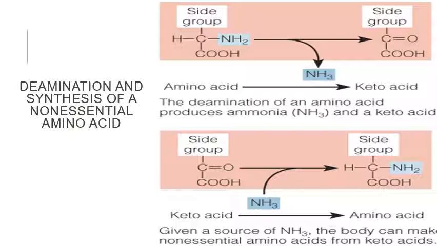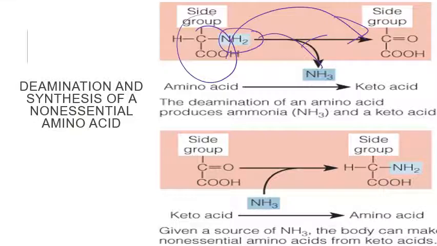So what happens is, when things change, this comes out, and the rest becomes this side group. When ammonia adds to a keto acid, it becomes an amino acid. Given a source of NH3, the body can make non-essential amino acids from keto acids.